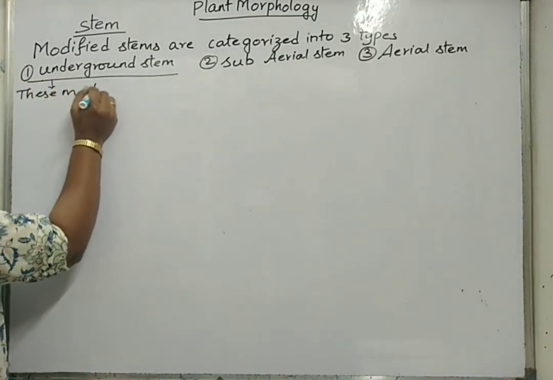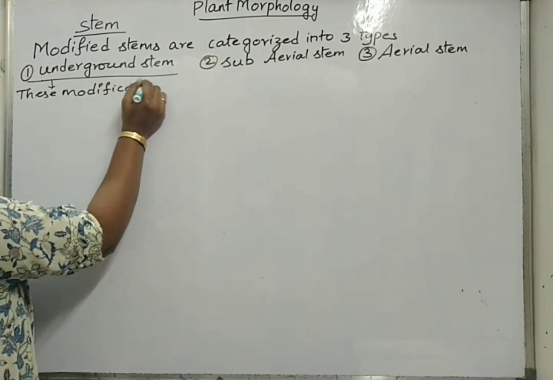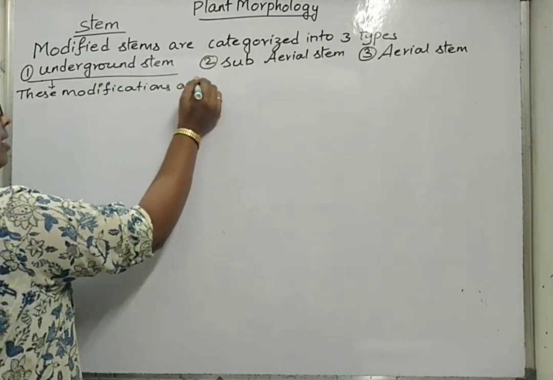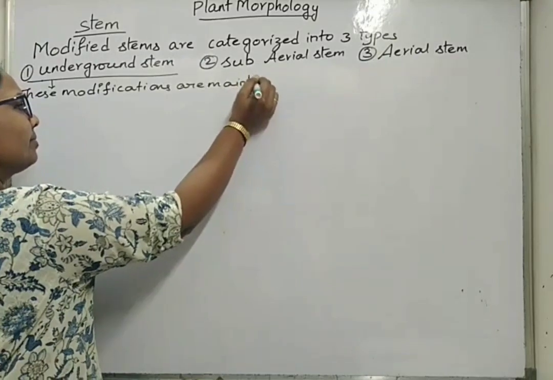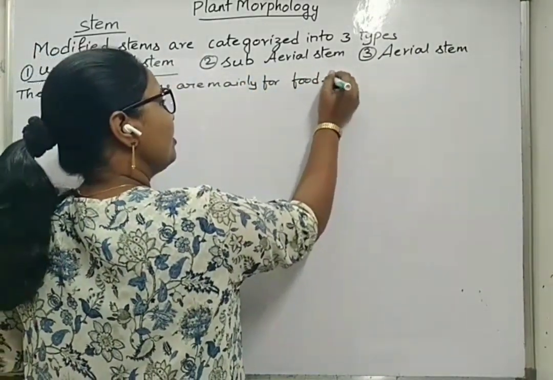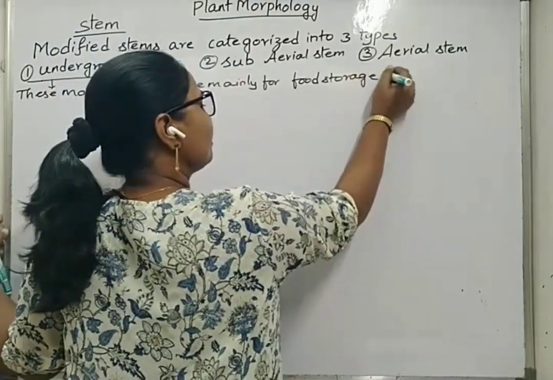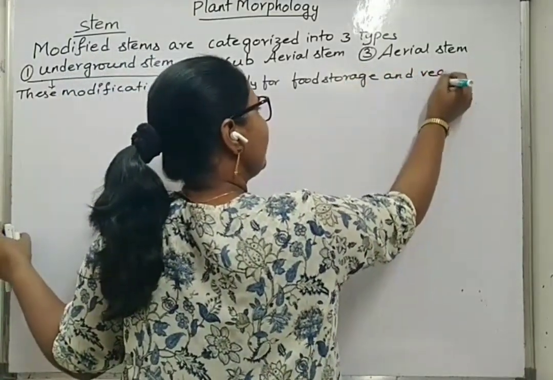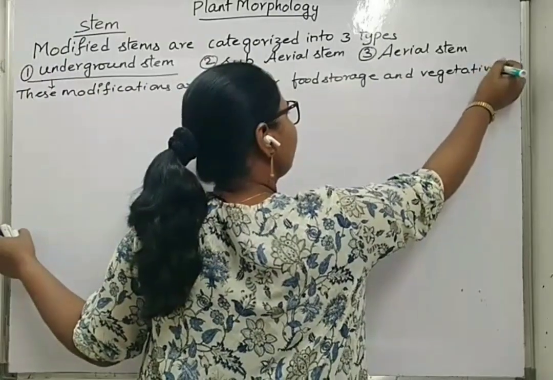These modifications are mainly for food storage and vegetative propagation.